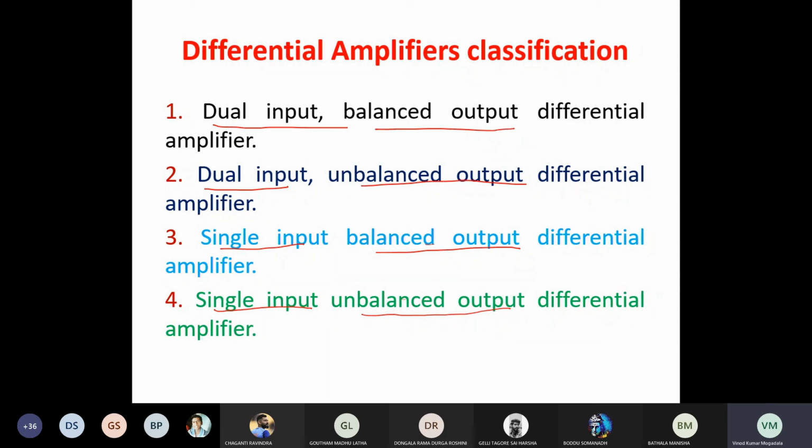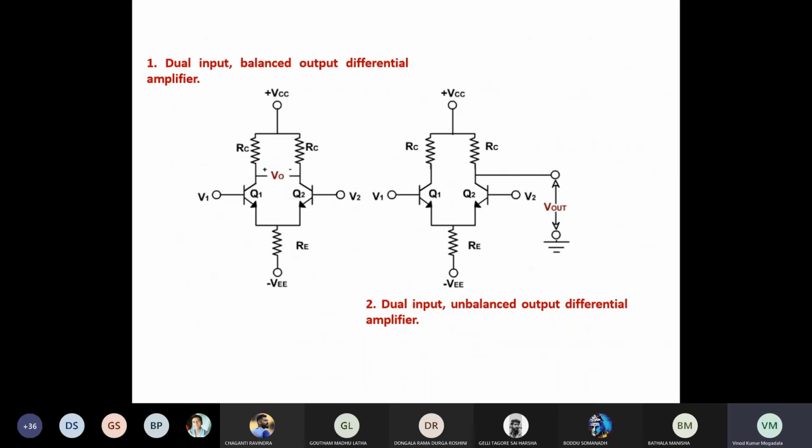So based on this, we have classified the differential amplifiers into 4 configurations. So you will see in the first case we are applying input at both the terminals, so that's why this is dual input, and we are taking output at both the collector terminals.